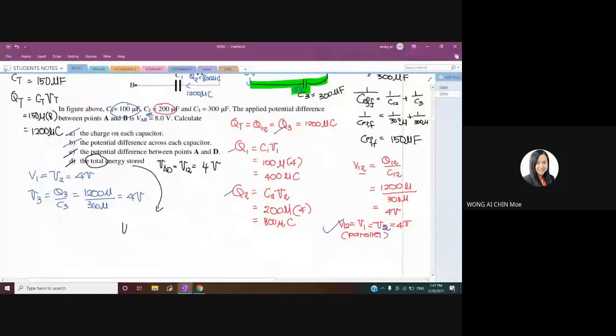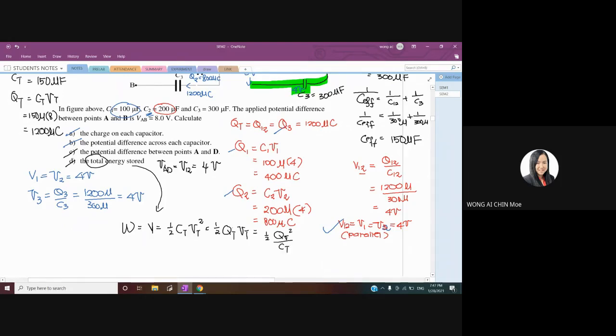Your energy, or you can use U, equals half C total V total squared, or you can use half QV. Of course, everything must be total: Q total, V total. Or you can use half Q total squared over C total.